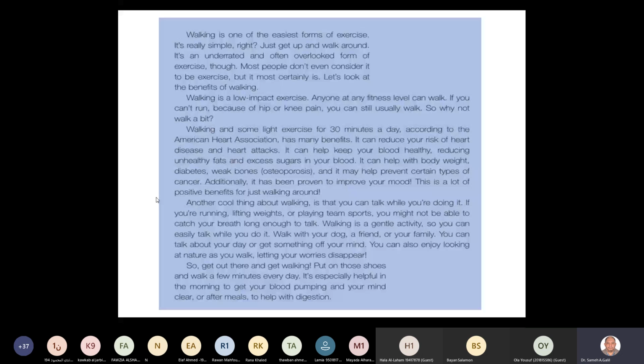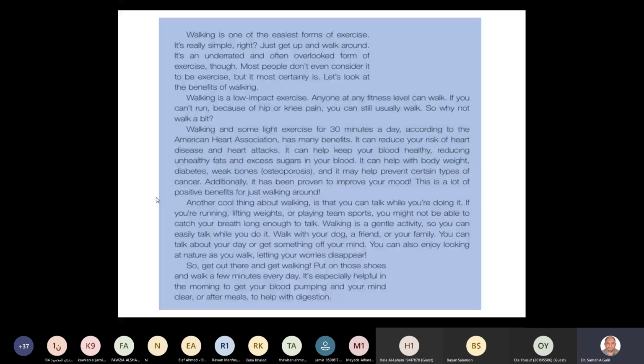Okay, so in terms of organization, like I said, you have a clear introduction that has the attention grabber that we talked about. We have the background that the writer furnishes, and you have the thesis statement. And of course, you go to the body paragraphs, and you see that in the introduction, the writer is making a claim.